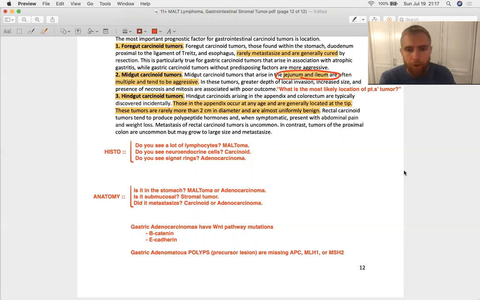If you see signet ring cells, remember those are the bloated ones with lots of mucus in the cytoplasm, and they've got this nucleus that's been pushed to the periphery of the cell by the mucus accumulation within the cell. And that's your gastric adenocarcinoma. Remember that has a progression that can be well differentiated or poorly differentiated.